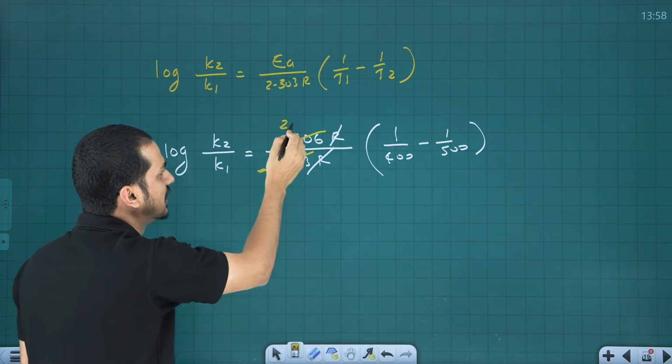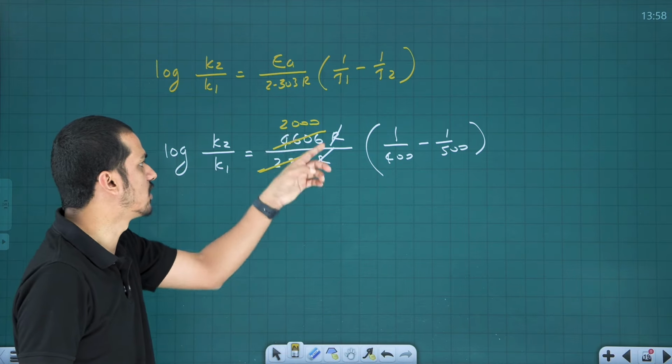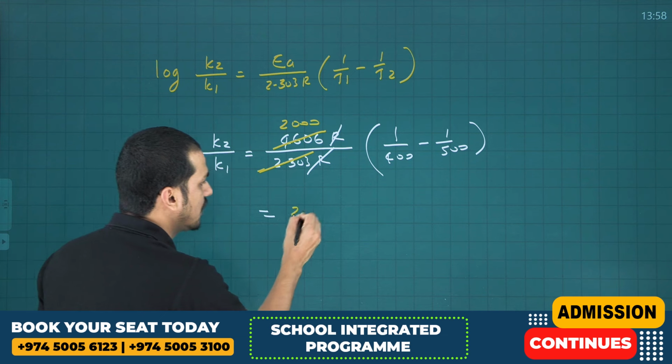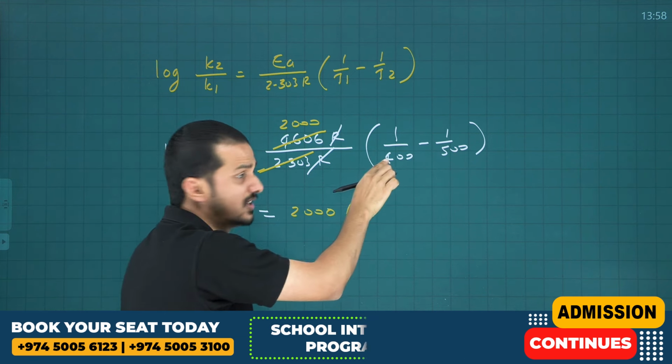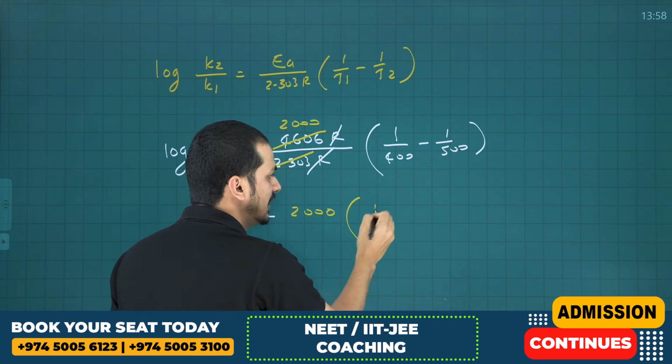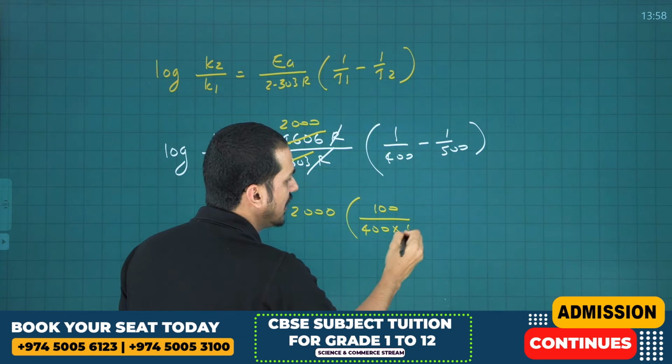This actually comes to 2000, because 2.303 into 2 means 4.606 into 1000, so 2000. So 2000 into 500 minus 400, that is 100, divided by 400 into 500.